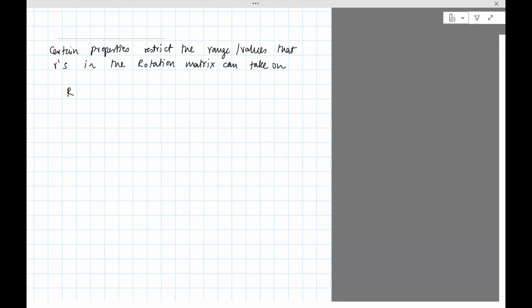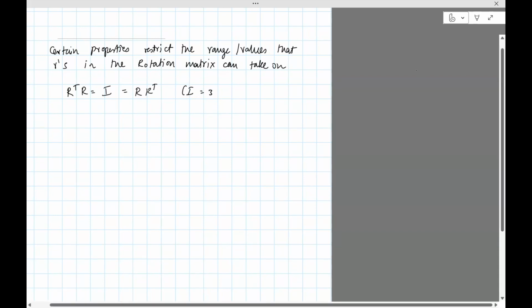These properties are R transpose R is I, where I is a 3 by 3 identity matrix.